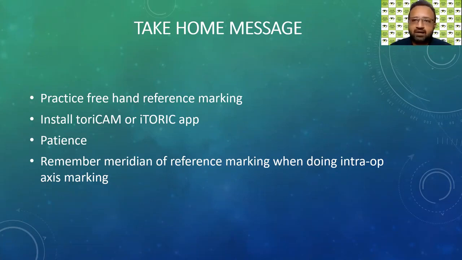When we do the reference marking and the axis marking, we should be patient and never hurry. We always need to remember the meridian of the reference marking when doing the intraoperative axis marking, because if we calculate the wrong reference marking, the axis marking will be wrong and the toric IOL placement will be wrong also. That will be very bad for the patient as well as for the surgeon.